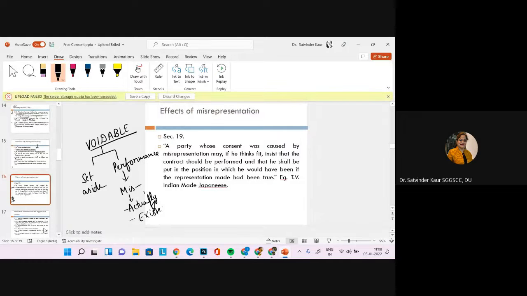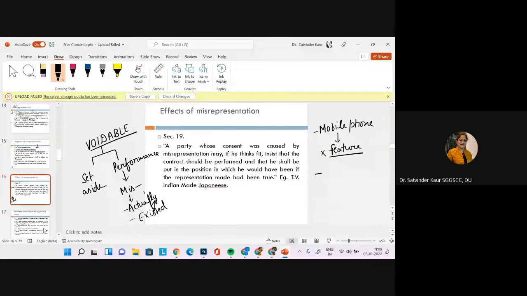For example, you have purchased a mobile phone, and this particular phone requires a certain kind of feature or some software, right? So you have specifically asked for that. But the particular mobile phone was not carrying that feature.